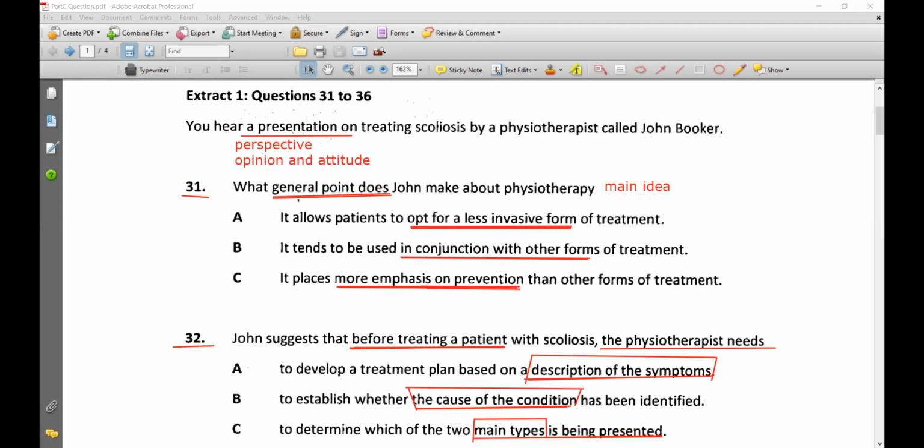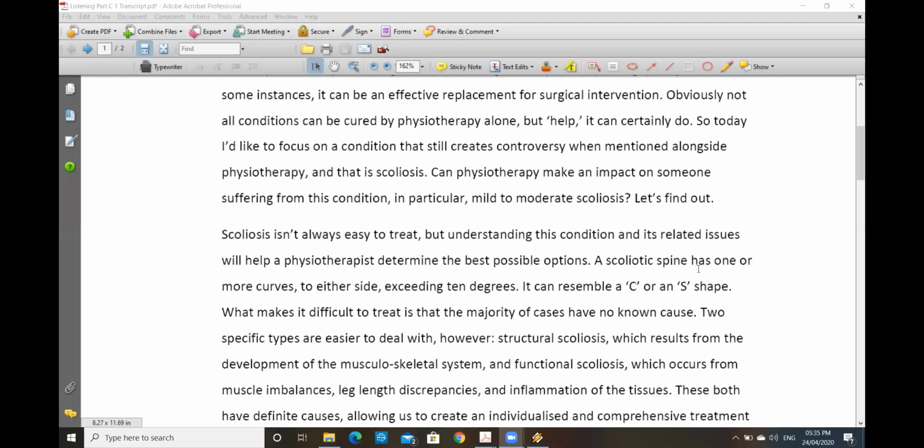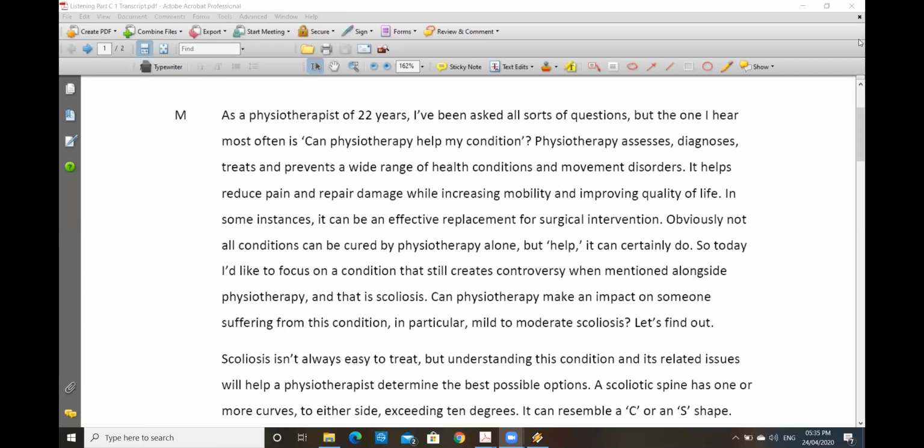Let me explain it to you with the help of the transcript. If you can see the transcript here, he started explaining how physiotherapy prevents, treats, and assesses and diagnoses a wide range of conditions.